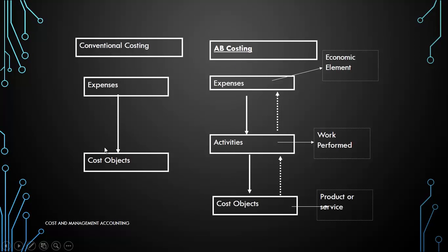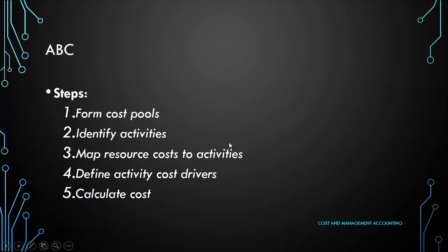In conventional costing, we see the expenses directly linked to the cost objects, but here we say that the expenses are consumed by activities and activities are consumed by the objects. So to understand the cost or to manage cost, don't just manage the expenses but manage the activities.